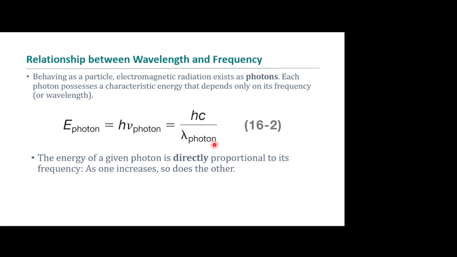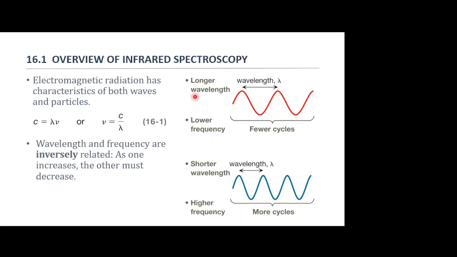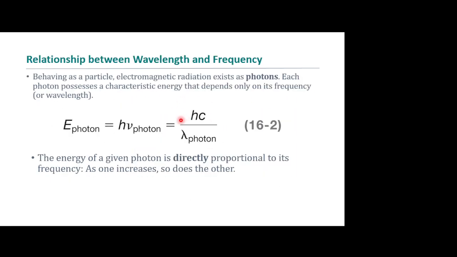Another way of putting this would be we can substitute this formula into this formula, and we get E equals Planck's constant times the speed of light over the wavelength. So the longer the wavelength, the lower the energy. The shorter the wavelength, the higher the energy.